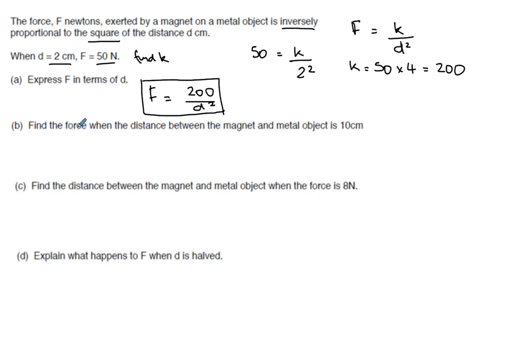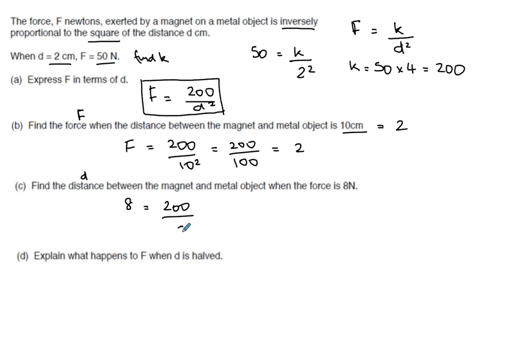So find the force. We're trying to find F when the distance is 10. So we stick that in. F equals 200 over 10 squared, which is 200 divided by 100, which gives you 2. So that was easy. Find the distance, so we want to find d when the force is 8. Again, using that formula, 8 equals 200 over d squared.